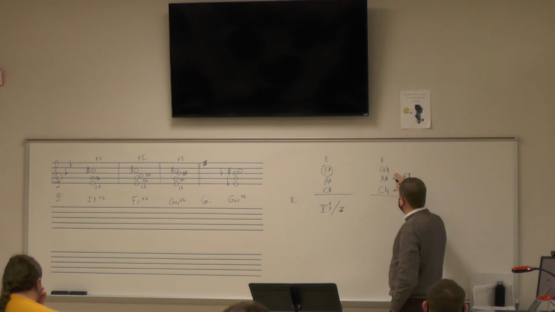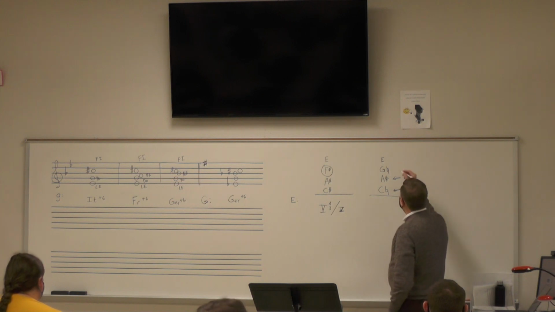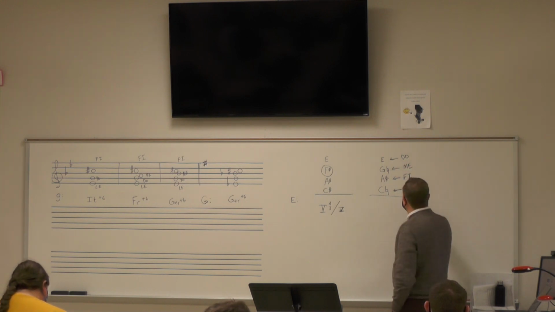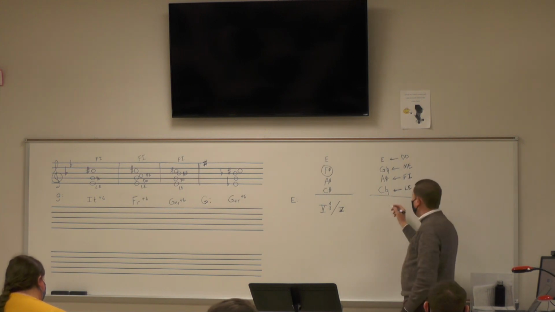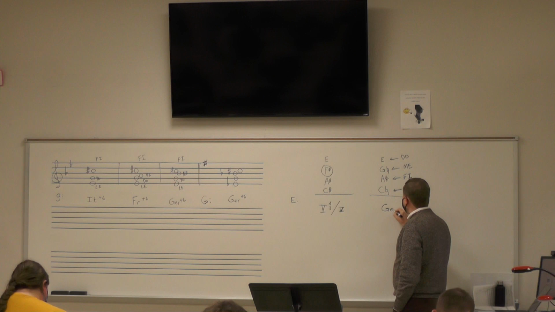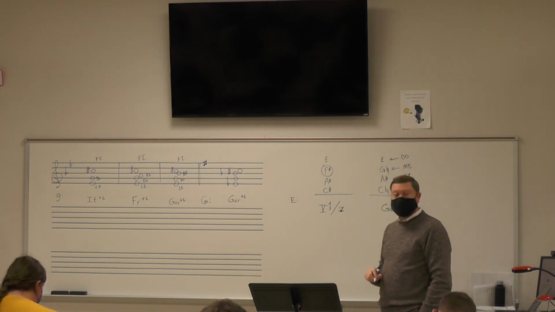No, it just has to be above le, because le is going to be on the bottom. Looks like this note is do in the key of E major, and this note is the lowered 3rd scale degree, so that's me. Le, do, me. What do you think? Yeah, I think it fits the bill exactly, so there's your augmented 6th chord that Brahms uses towards the end of the passage.